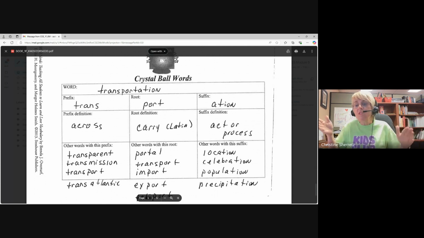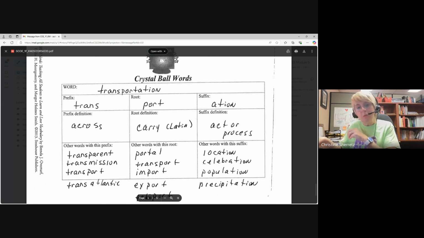So remember, you're teaching all of these. You're teaching what the prefix trans means, and think about how it's going to help kids' vocabulary. Then you're going to brainstorm with the kids. What are other words that have trans as a prefix? Well, transparent, transmission, transport, transatlantic. You could list tons.